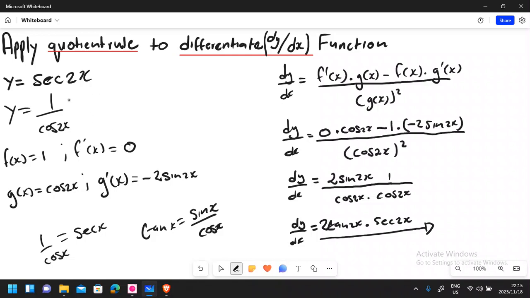If you do the direct derivative, this is what you're going to get, guys. You understand? I hope you guys managed to understand this one. It wasn't really that difficult. All you needed to do here is to understand the reciprocals and the quotient identities, and know how to differentiate the constant and also the trigonometric functions.